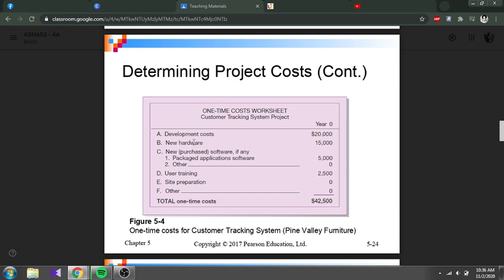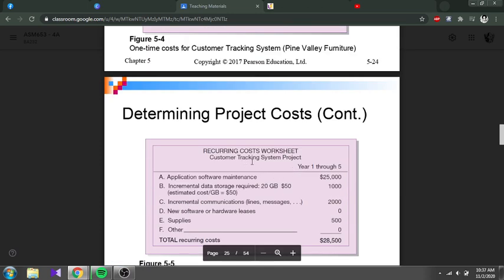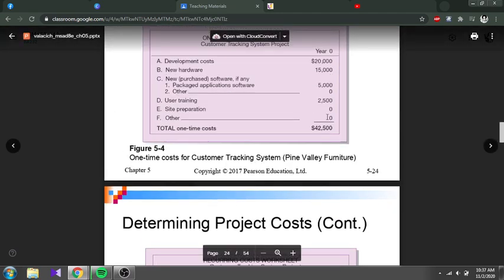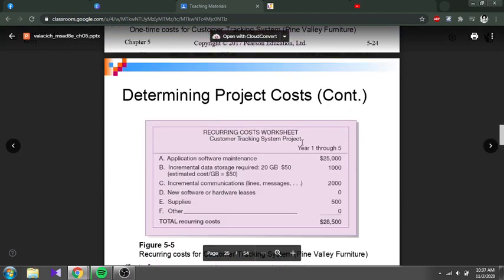User training also costs, because if you want to give training, maybe one day is not enough, we have to do two or three days, until they understand how to troubleshoot the whole system and know how the system works. This is the recurring cost of this customer tracking system project: 28,000, almost half of the one-time cost.